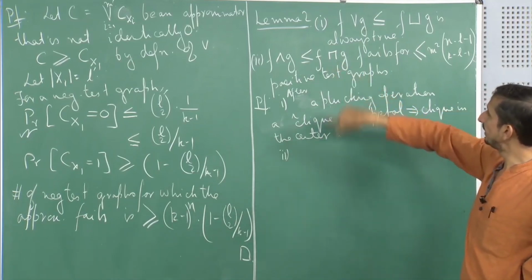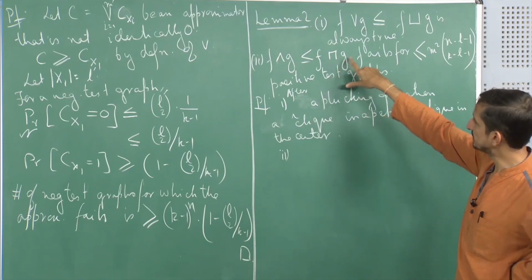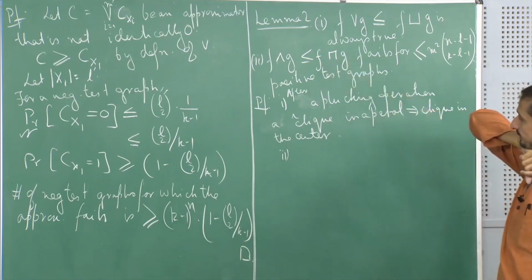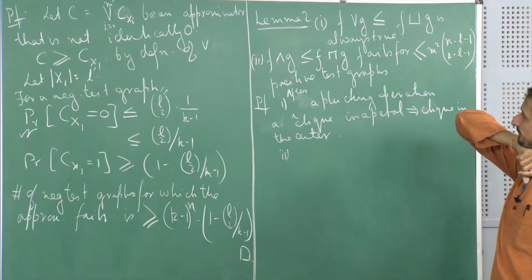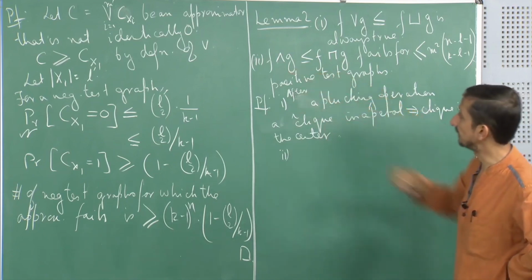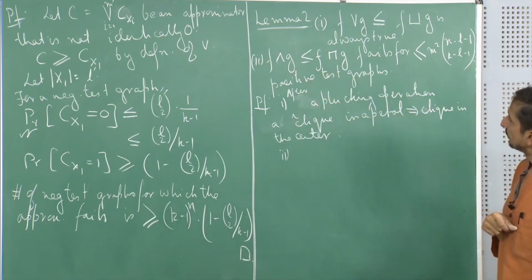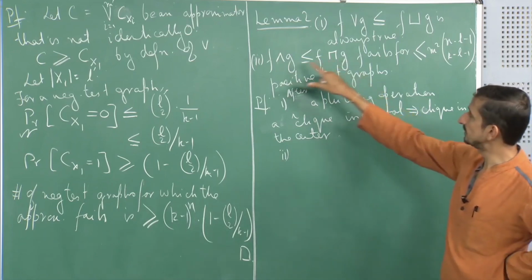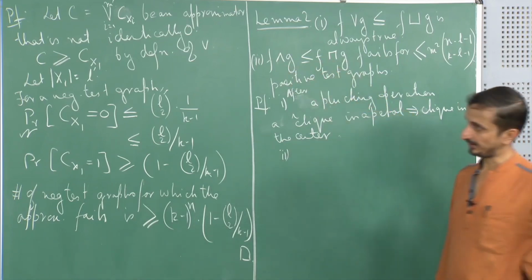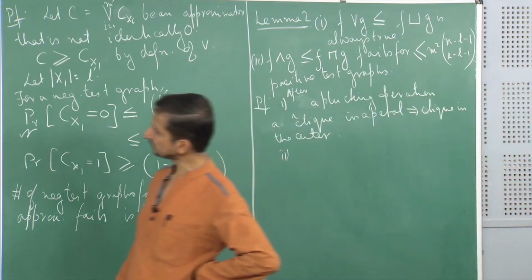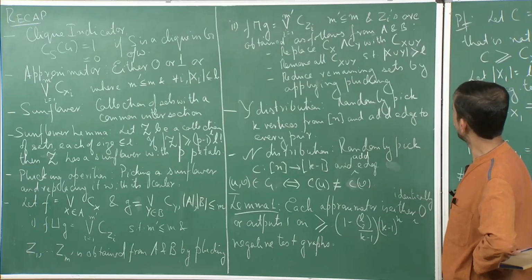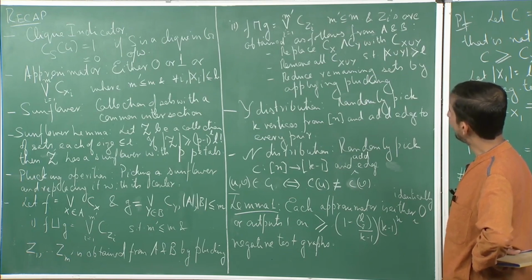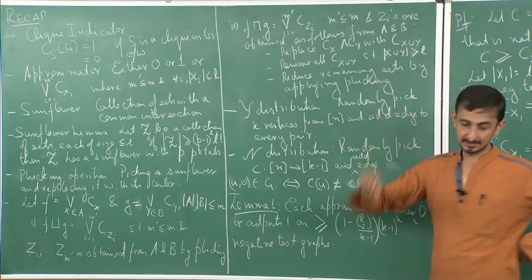It will fail if F approximate AND of G is less than F AND of G. So this is 0, but this is 1. What happens as a result of the first step?